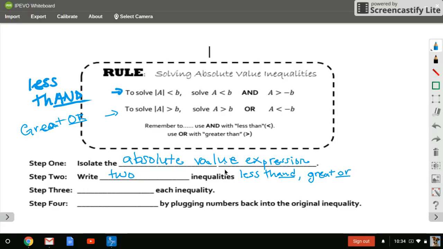Okay. And then when we are solving these, one of them will stay the same, and one we will keep, flip, and change.